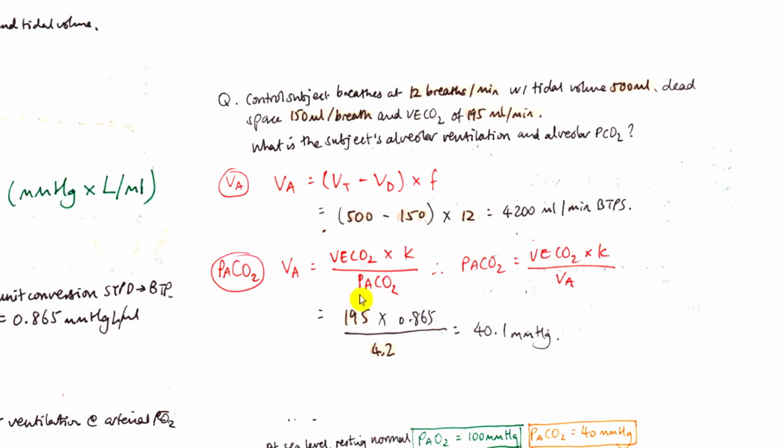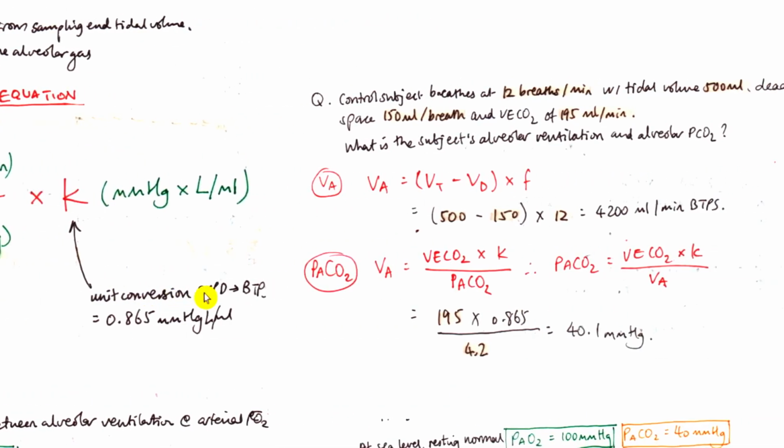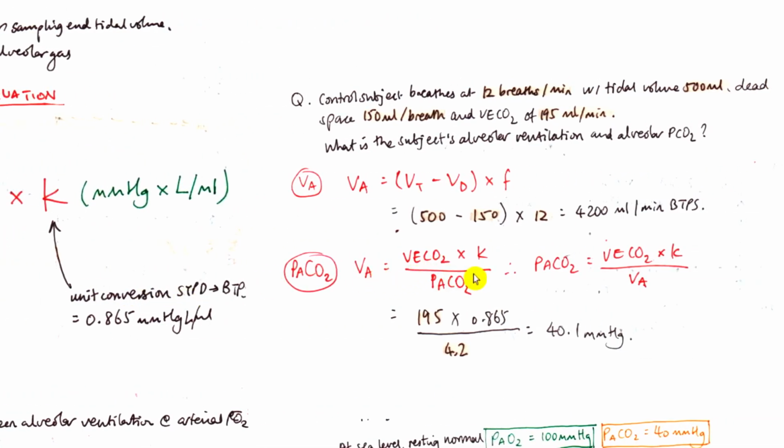Now to calculate the alveolar PCO2, we use this equation. The alveolar ventilation equation gives VA equals VCO2 times K over PACO2, and we can rearrange this equation to find the partial pressure of alveolar CO2, which is equal to VCO2 times K over VA.